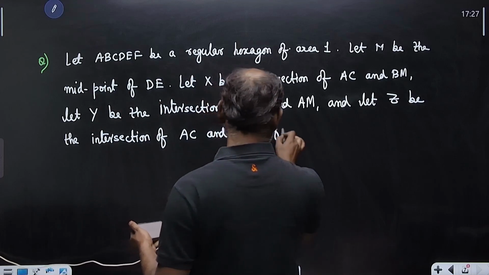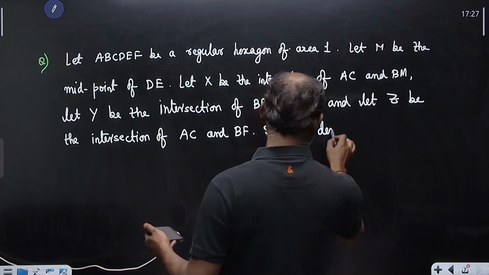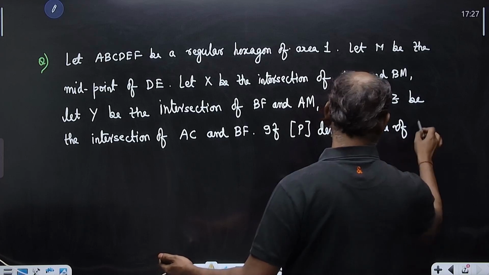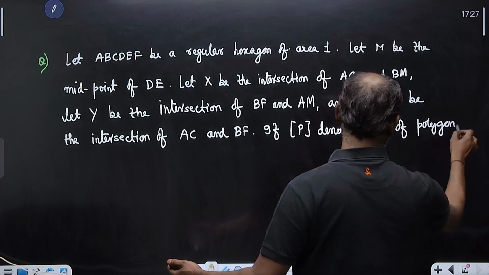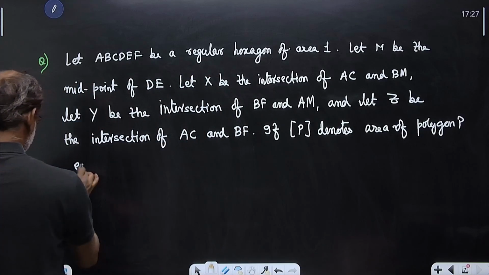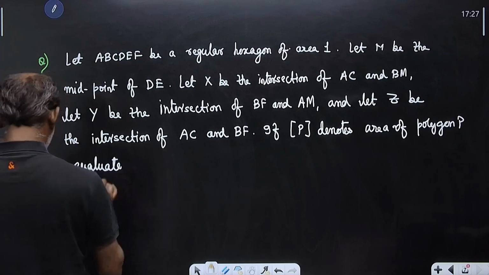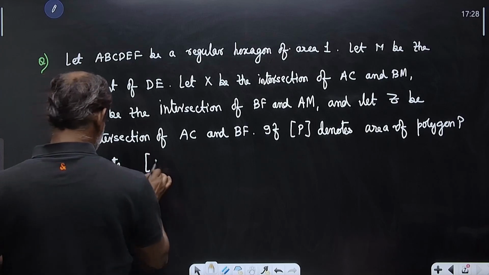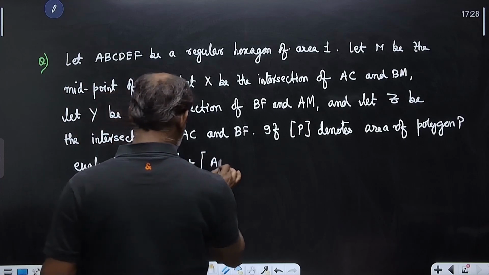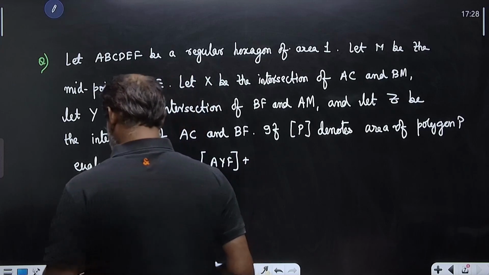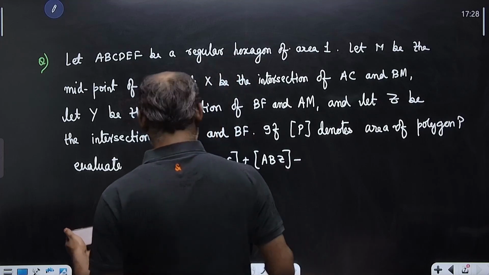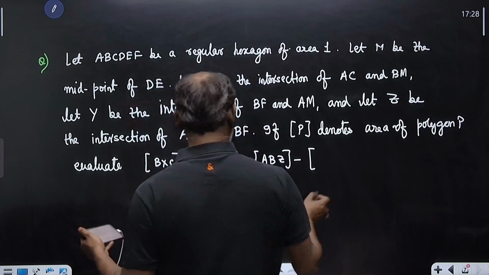If P denotes area of polygon P, evaluate area of triangle BXC plus area of triangle AYF plus area of triangle ABZ minus area of MXZY.